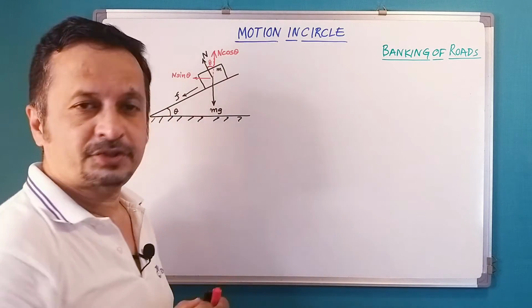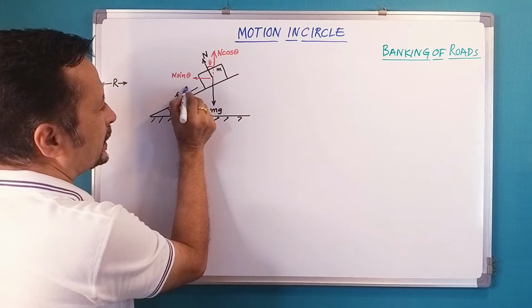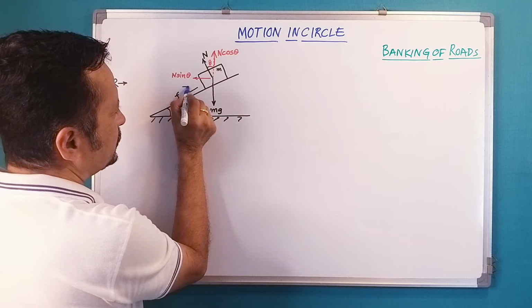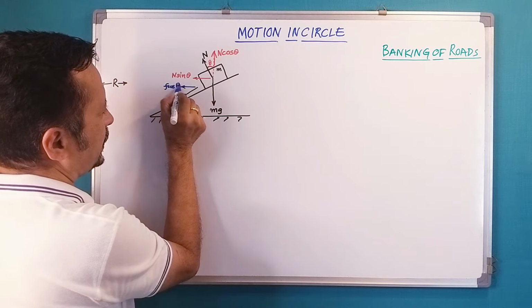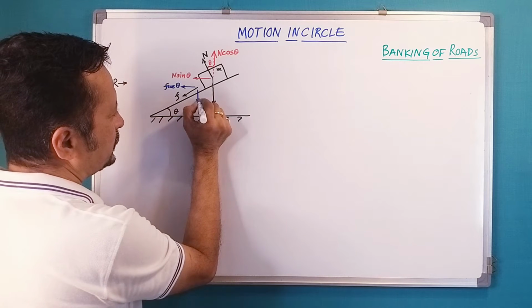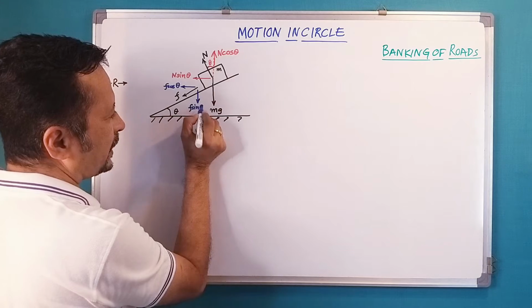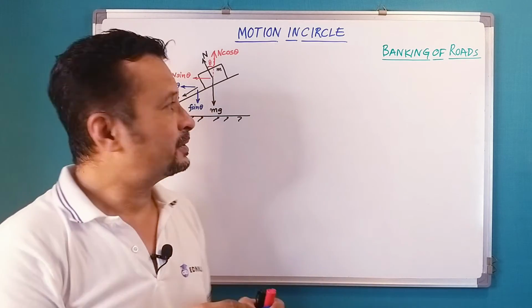Now the force of friction has to be resolved into two components. The x component would be f cos theta, and its y component, the vertical component, would be f sin theta, right? That's it. Is it not simple?